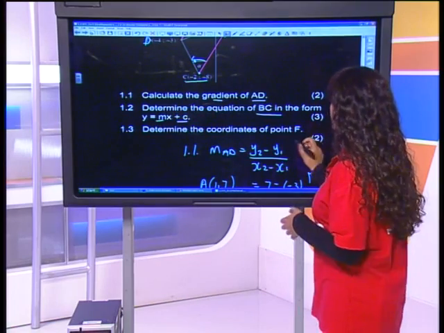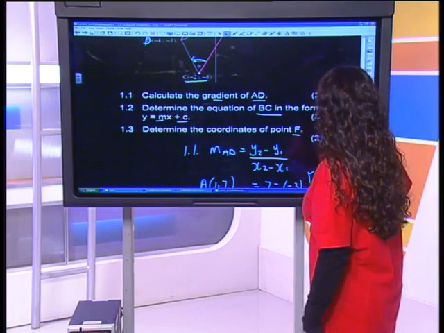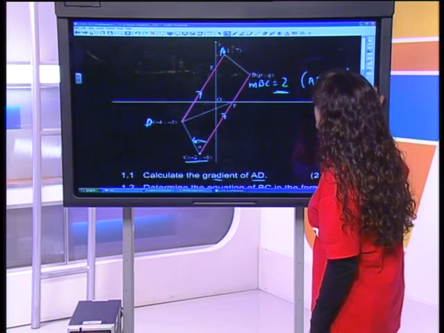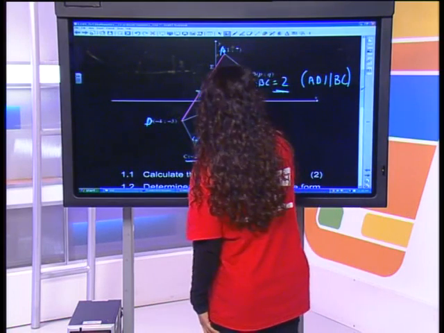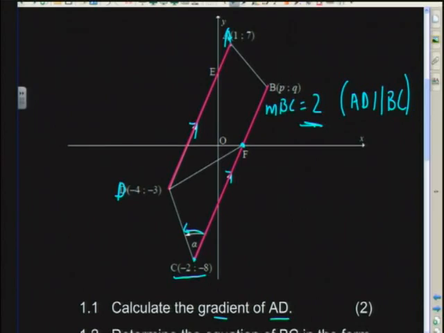Okay, next one, determine the coordinates of point F. So now if you look at F, it's that point there, and you see that it's the point that cuts the x-axis. Now remember, a point that cuts the x-axis is called your x-intercept. So the point on the line that cuts the x-axis will obviously give us the x-intercept.